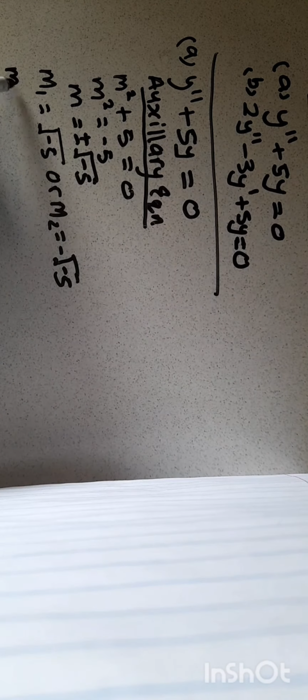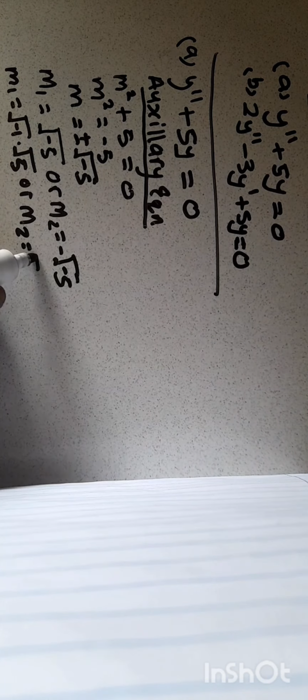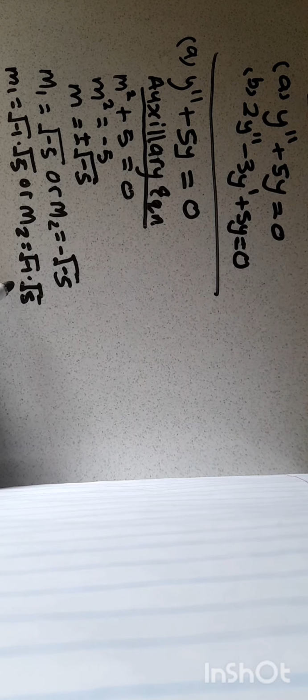I can write this as m1 equals square root of minus 1 times square root of 5, or m2 equals minus square root of minus 1 times square root of 5, by using exponential laws. In the field of complex numbers, we introduce what we call i, where the square root of minus 1 is replaced by i.